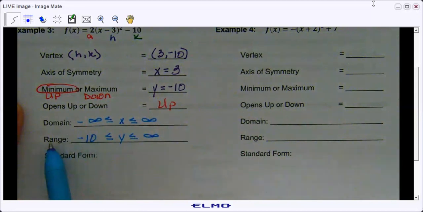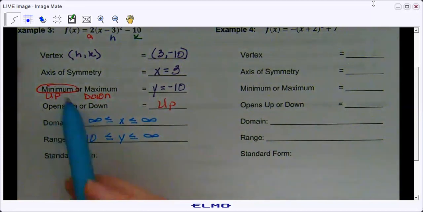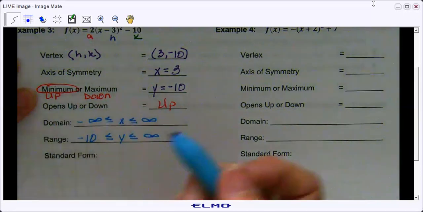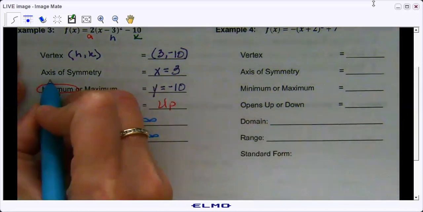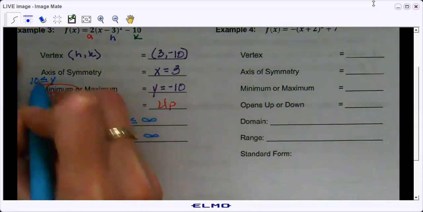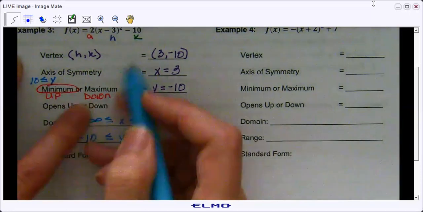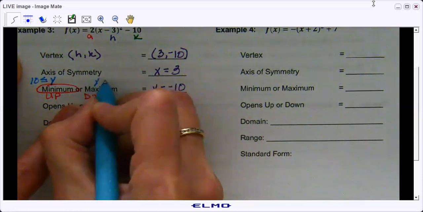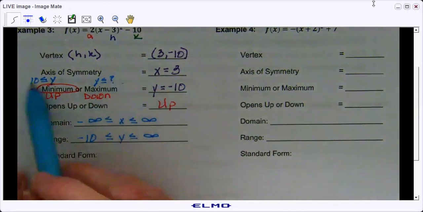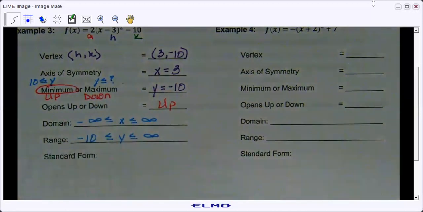So when we have a minimum, then y is going to be greater than or equal to -10. If we had a maximum, that means that we would have something over here. By jotting these little notes down, it will help you when it comes to the homework. Okay.